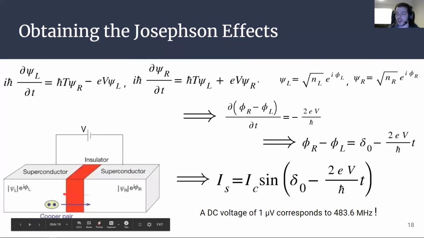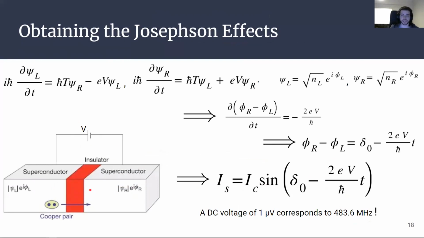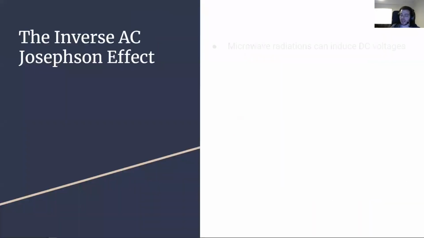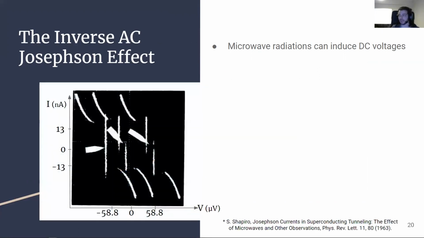Since charges are accelerating here with this frequency, we actually had a radio wave emitter when we applied DC voltage. Doing this backwards, in the inverse way, if we applied microwave radiation to a Josephson junction, we should be able to measure a DC voltage across the junction. And this is exactly what Safiro did.